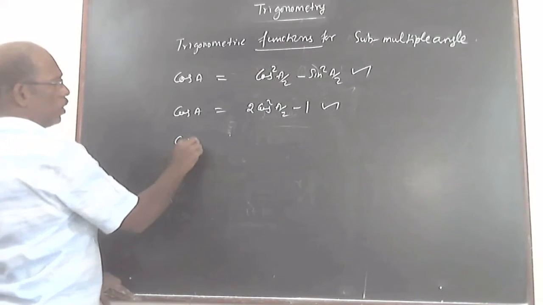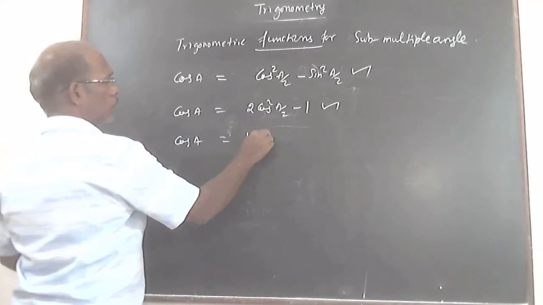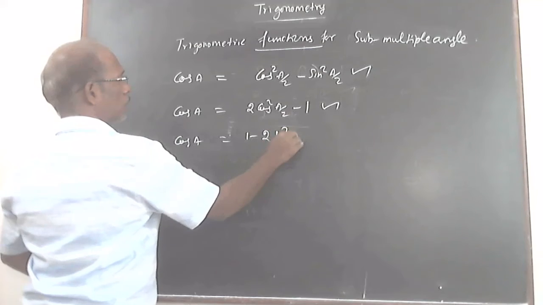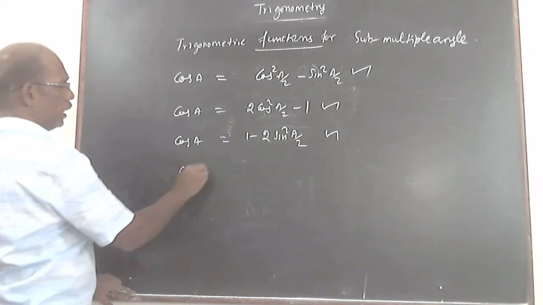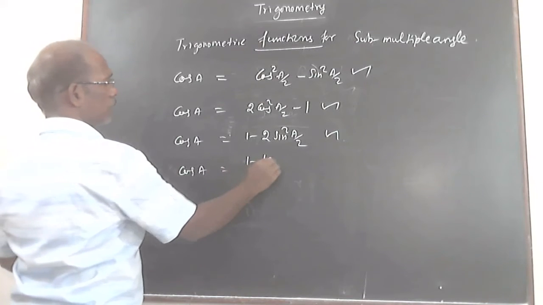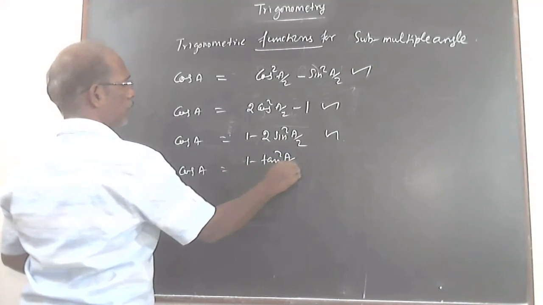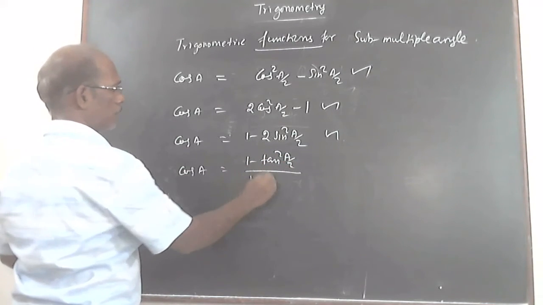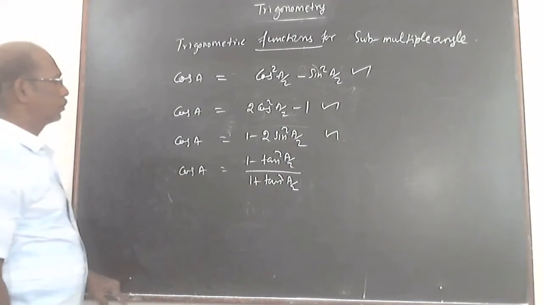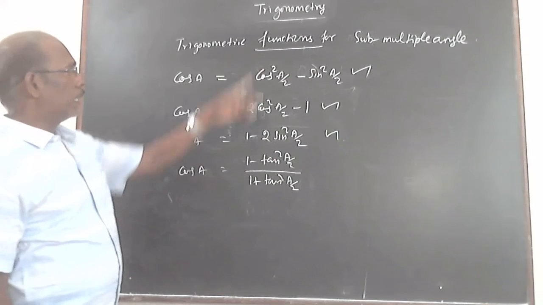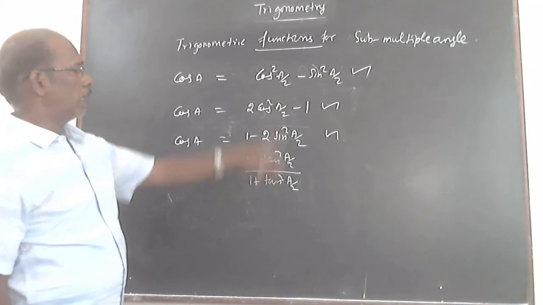Then the same cos A is 1 minus 2 sin square A by 2. Then the same cos A is 1 minus tan square A by 2 divided by 1 plus tan square A by 2. Okay, all in terms of A by 2.